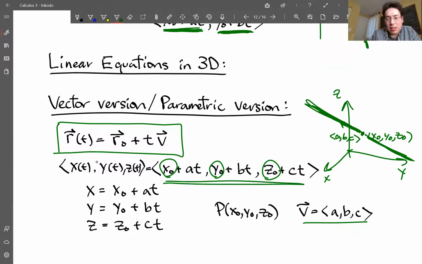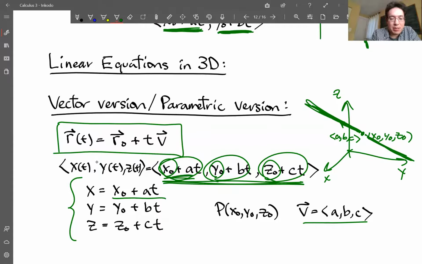So this is the vector version, or the parametric version, of the line. And you can write each of the components separately as well. So you can also write it as a set of equations for x, y, z, each component given by the formula there: x naught plus at, y naught plus bt, and z naught plus ct.